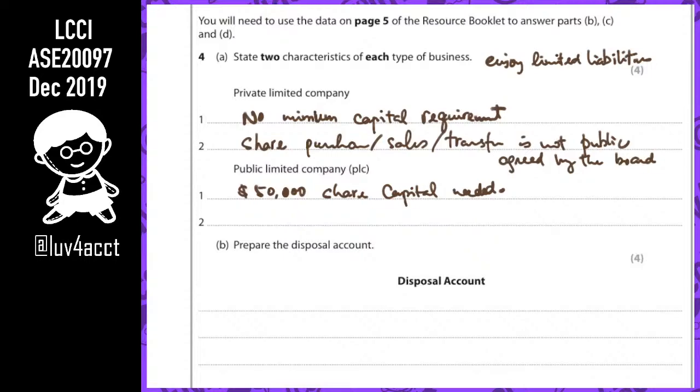It can be among friends. But there should be an agreement of the board before you can do this transfer, purchase or sale of shares. But for public limited companies, the shares are publicly traded. They can be purchased or sold in the stock exchange.